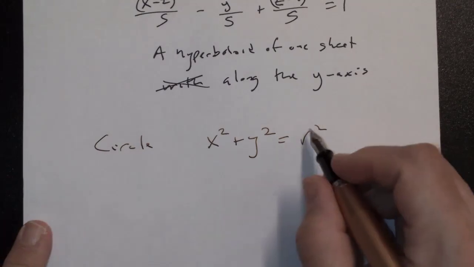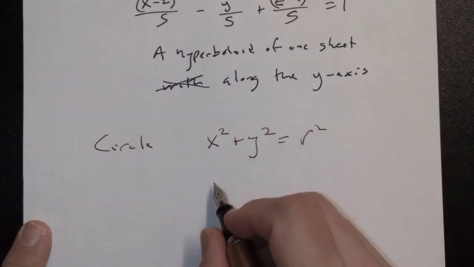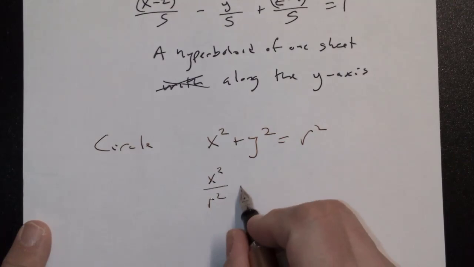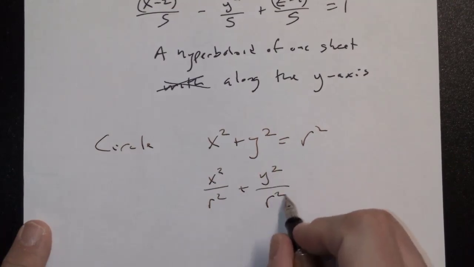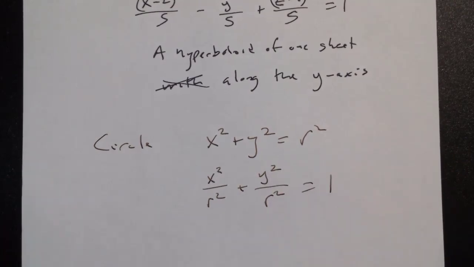So if I divide by r squared, this would be x squared over r squared plus y squared over r squared equals 1. Yeah? So really, I can write every circle with the right-hand side equal to 1, not the radius. All an ellipse is, is a circle that's distorted.